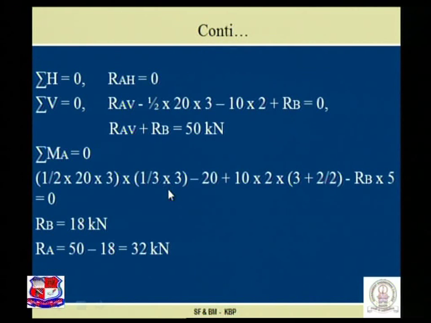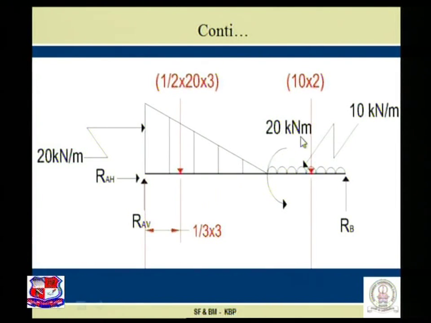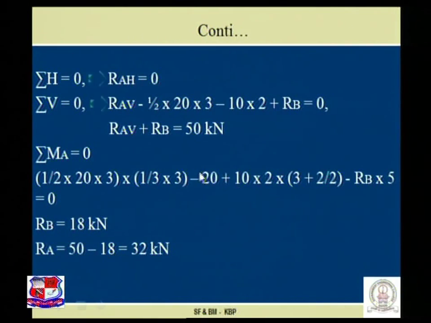Next, the concentrated moment is acting in the anti-clockwise direction, hence negative sign, minus 20. Next, UDL 10 into 2 into the distance from A, that is 3 plus 2 by 2.